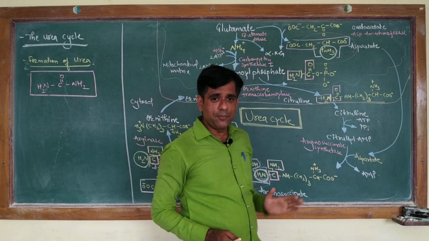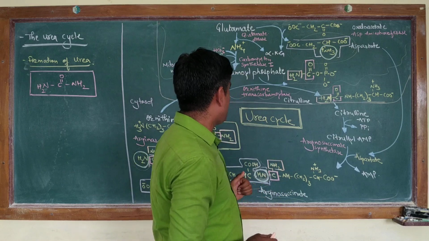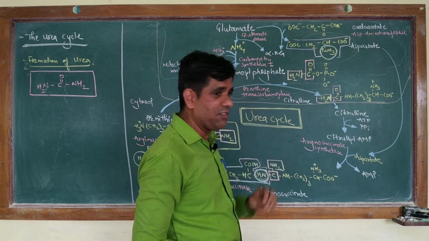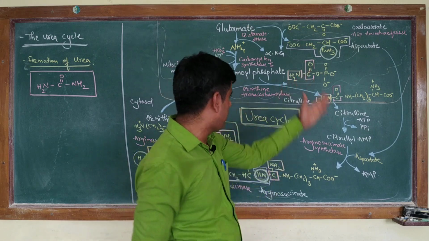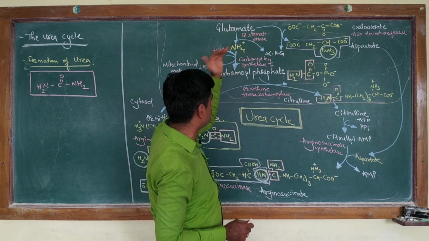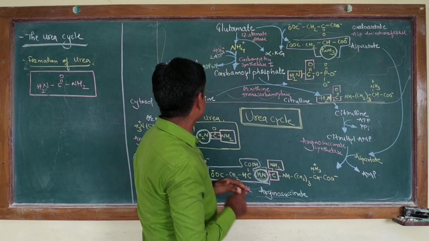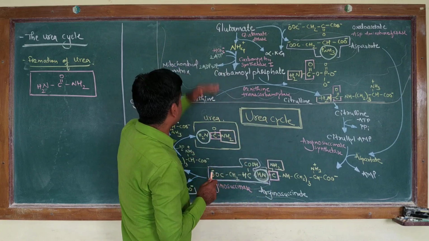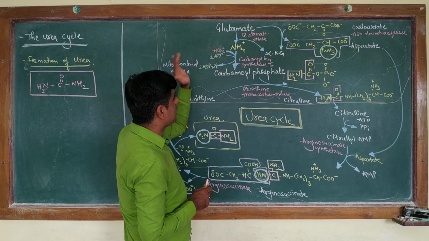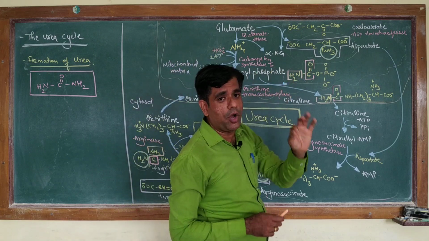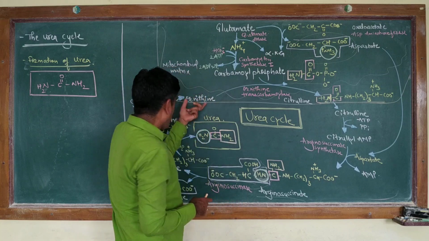So to summarize, the urea cycle comprises 4 basic steps. The first step actually is starting from citrulline. If you are talking about citrulline, there are 4 steps. If you start from this carbamyl phosphate, you will have 5 steps. So in the first case, you will find amino group, it is carboxylated in an ATP dependent reaction and phosphorylated to form carbamyl phosphate.